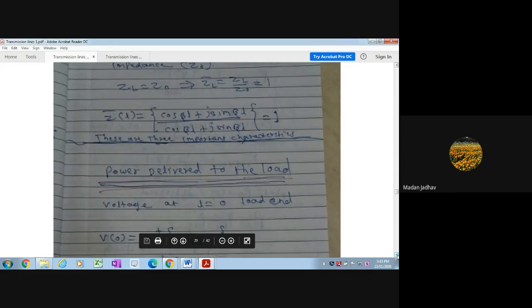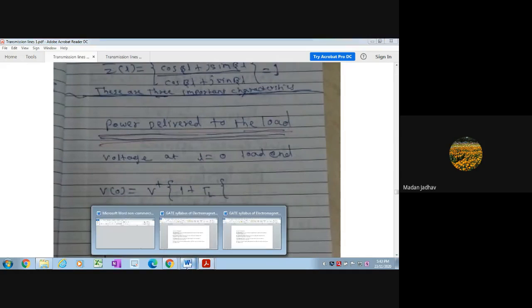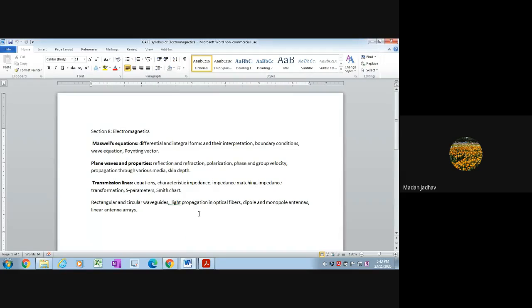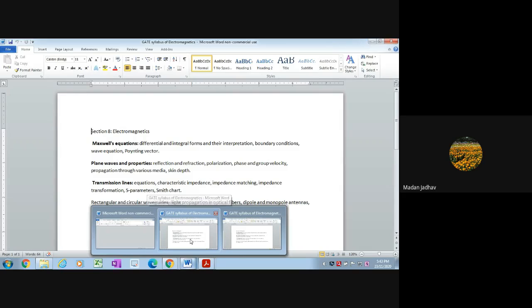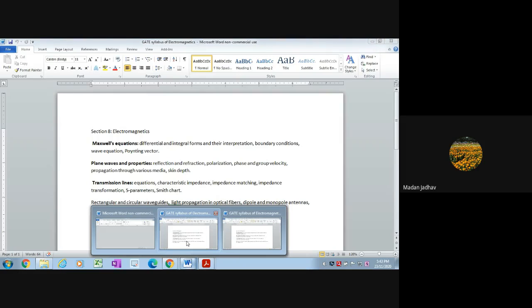Now if you see the syllabus, impedance matching and impedance transformation we have seen. The power delivered point is not mentioned in your syllabus, and therefore we will not discuss that one.